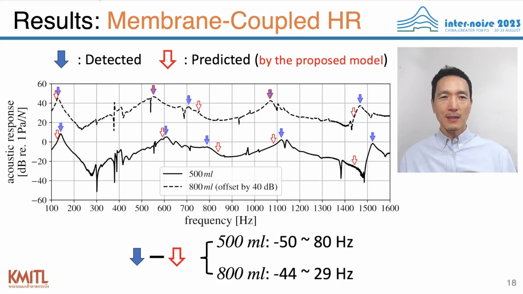And as predicted by the proposed model, an additional resonance peak appears at very low frequencies, which are actually even lower than the resonance frequencies of the corresponding hardware Helmholtz resonator. And the accuracy of the proposed model seems to be comparable to Kinsler's models, which were valid only for the kettle drum and the membrane-only case.